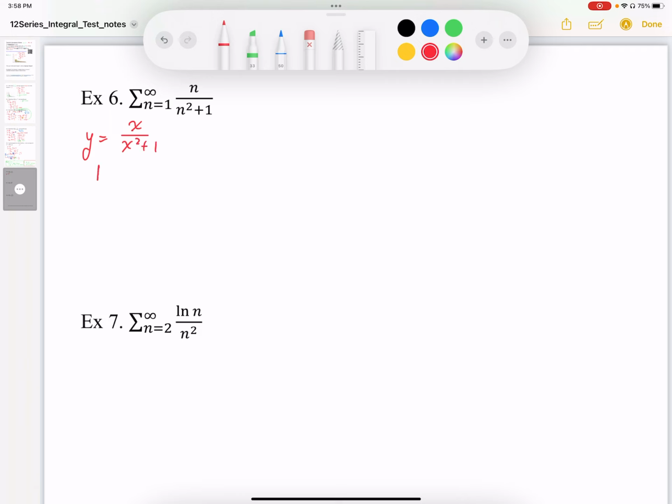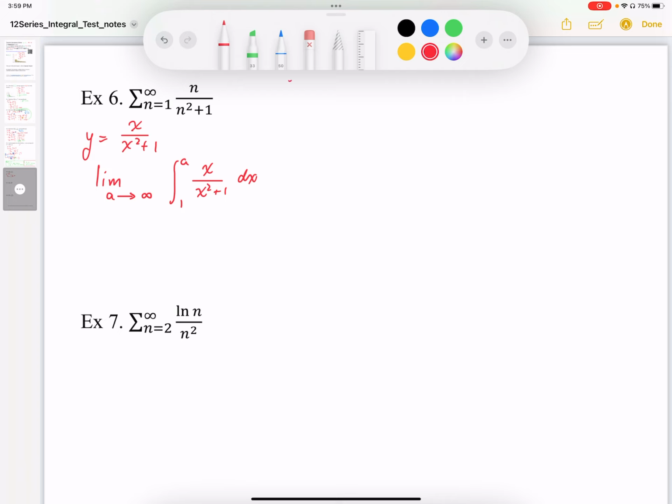And then we're going to set this up as our limit: the limit as a approaches infinity of the integral from 1 to a of x over x squared plus 1 dx. So we need to use substitution here because we have that plus 1 in the denominator.